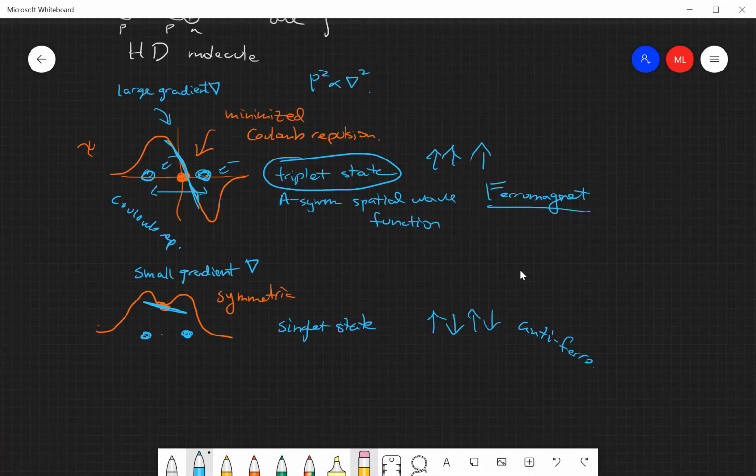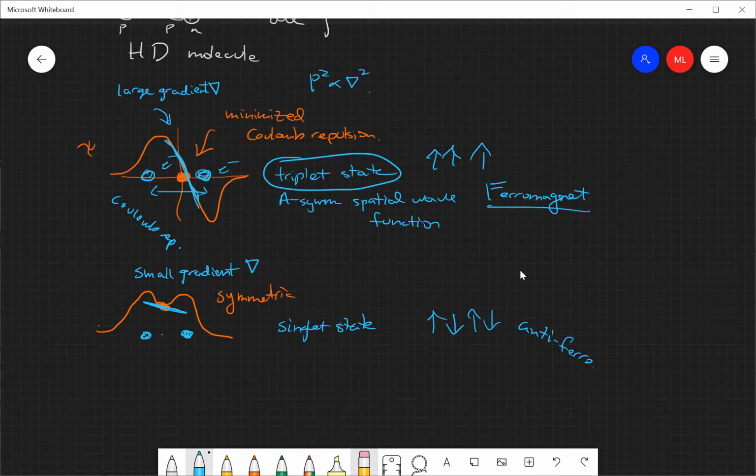So depending on whether you care about minimizing the kinetic energy versus the Coulomb potential energy, you could force the spins to want to align and go into these triplet states, which would be the case of a ferromagnet, or, if you care about having small kinetic energies, you could force your spins into these singlet states where the neighboring spins in a solid are anti-aligned.